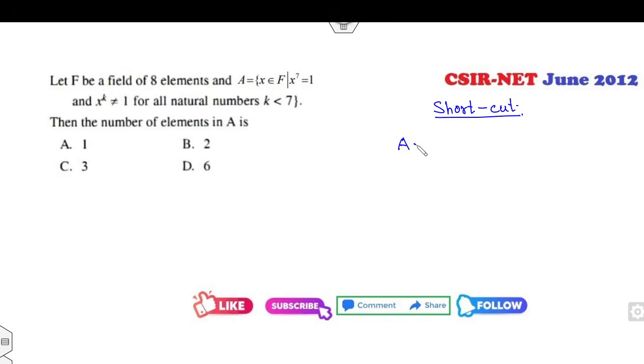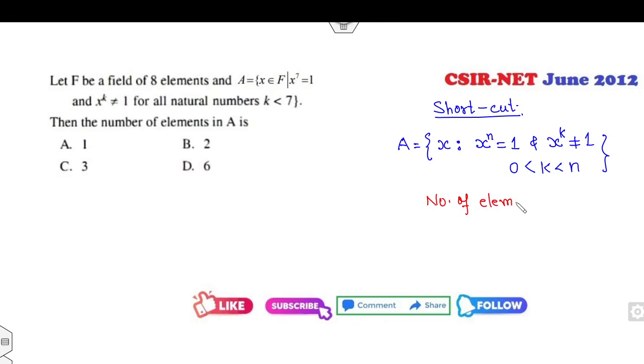Whenever you have an element x belonging to the field such that x raised to power n is 1 and x raised to power k is not 1 whenever k lies between 0 and n, then the number of elements in this set A is phi of n. Make sure it must be 1 and k must lie between 0 and n.